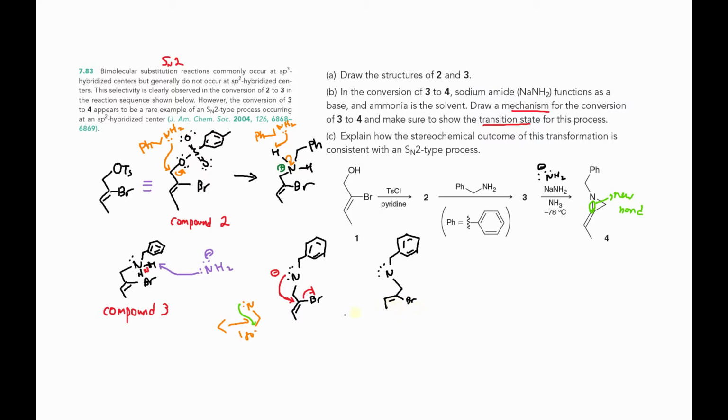For now I kind of distorted the very bottom double bond, but it's not a major issue. I forgot the minus charge on the nitrogen, which is going to attack our alpha carbon on the backside, and we're going to have a bromine. So this is essentially the same thing on the left and right, and you're going to form that green bond that I just showed in compound 4.